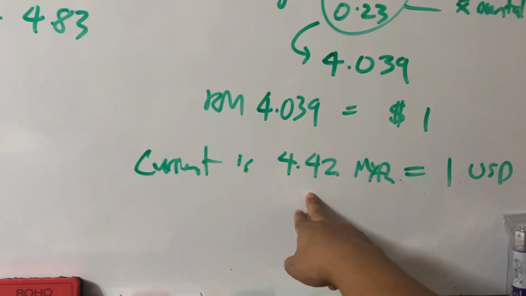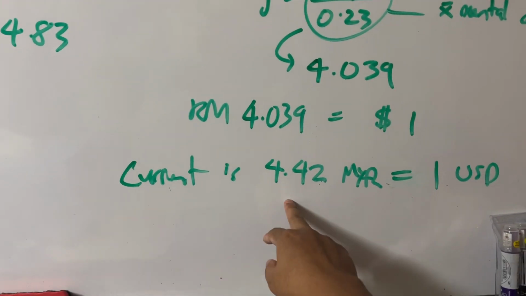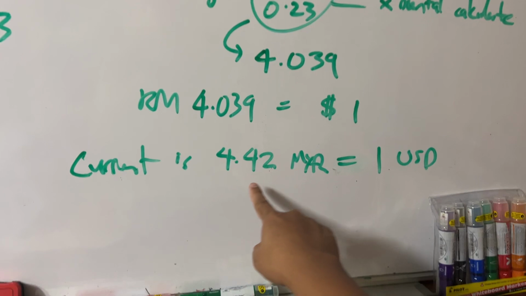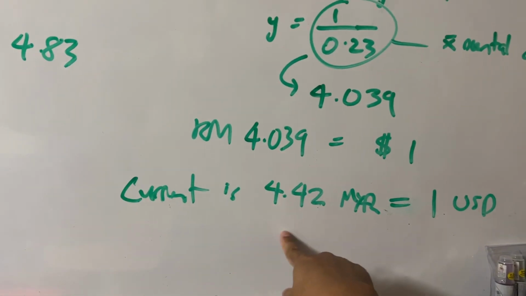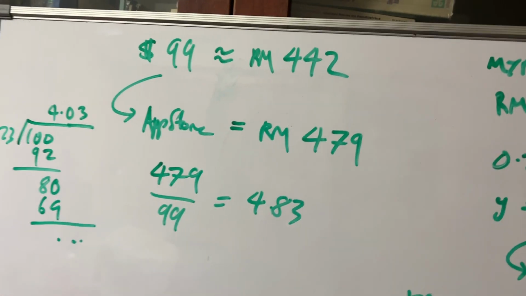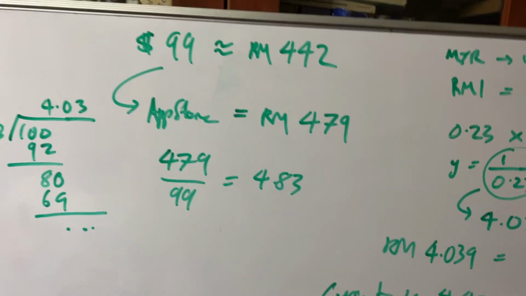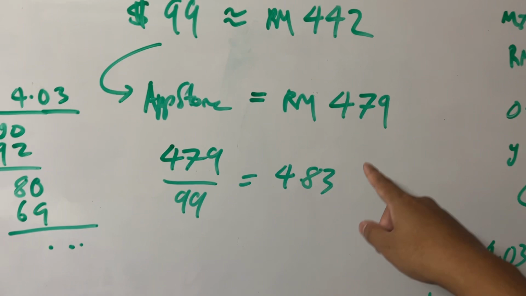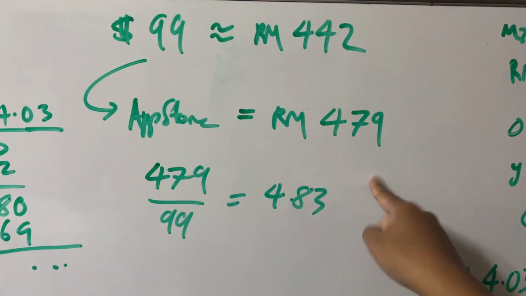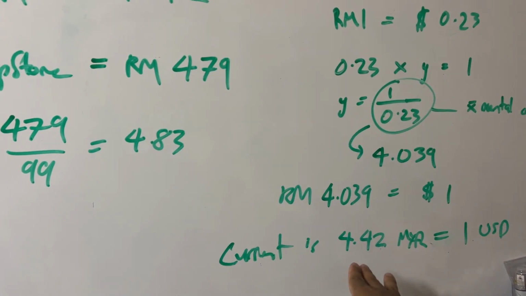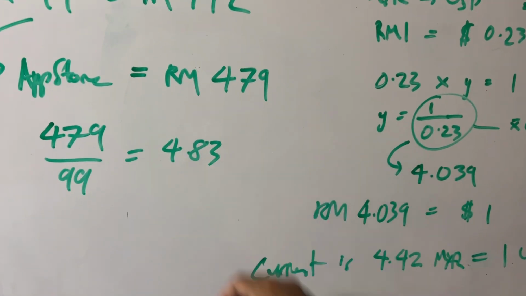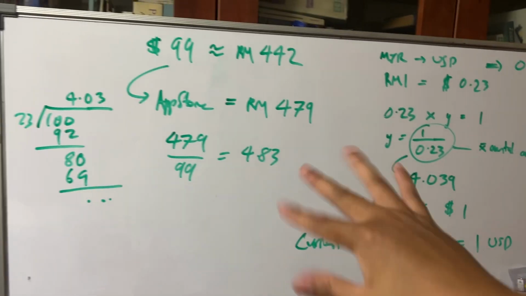Currently, 1 USD is equal to 4.42 Malaysian ringgit. It's not even 4.5. It's 4.42. But Apple marks up the price in the App Store, converting 1 USD to 4.79, basically 4.8. So from 4.4 to 4.8, that's a lot of markup.